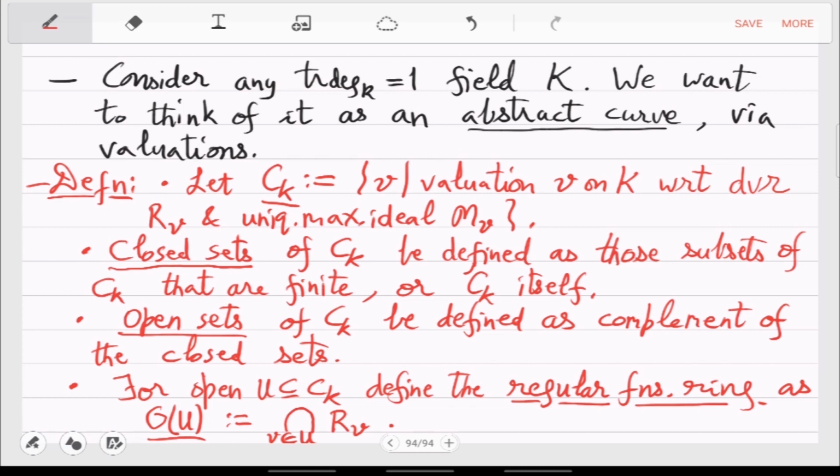What will that field element be? f mod M_V. f mod M_V is a field element. So you are kind of looking at the constant part of the function or the element. We'll develop this on Tuesday. This will need one more lecture to prove the theorem.